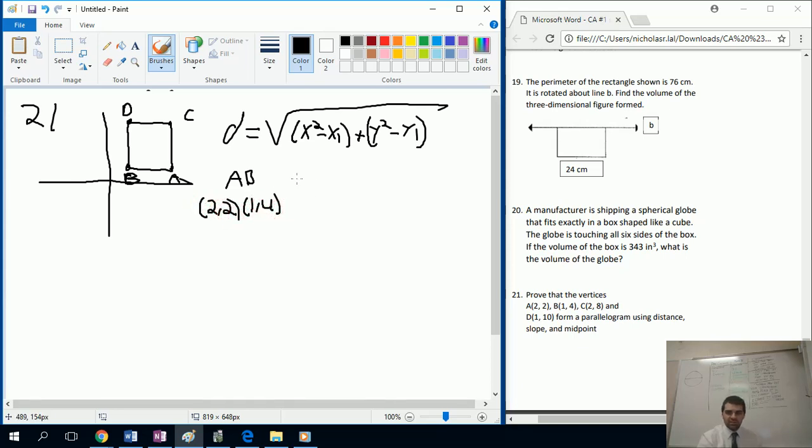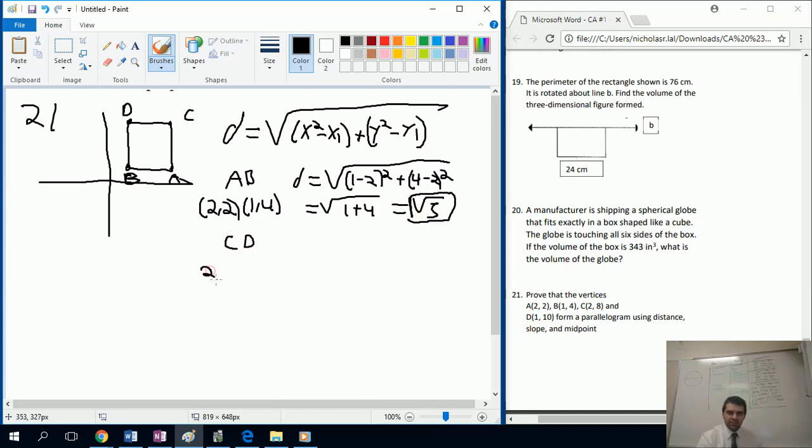So the distance between AB is going to be the square root of (1 minus 2) squared plus (4 minus 2) squared. So that's going to be the square root of 1 plus 4, which is going to be equal to the square root of 5. All right. So that's going to be AB.